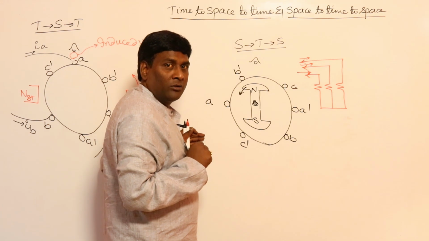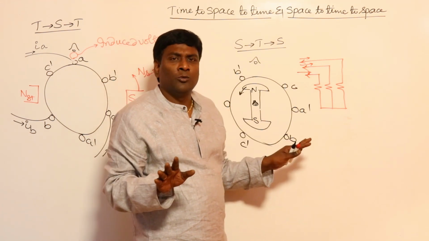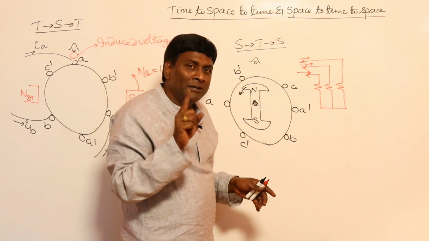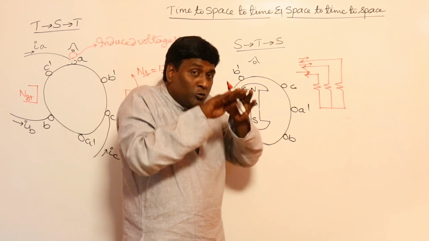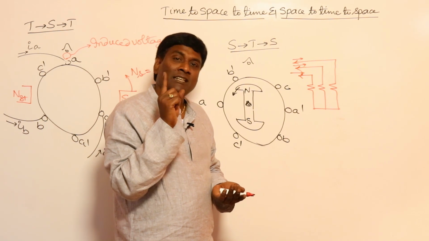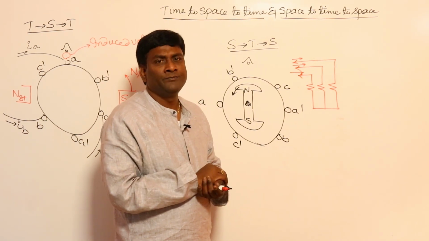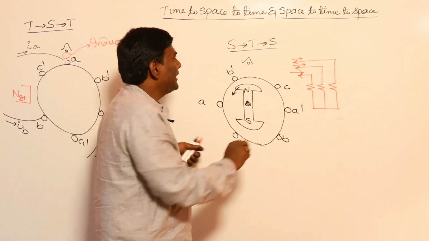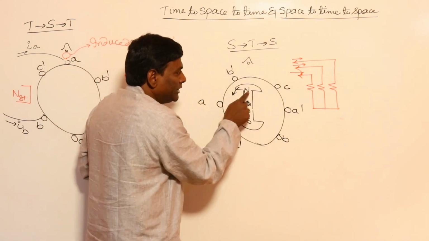Now forget about all that. One cycle of time displaced currents flowing through space displaced windings will produce one revolution of RMF or not? Yes. So let me repeat again, space to time to space. The input is space.